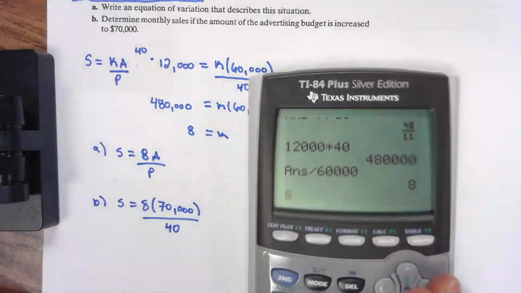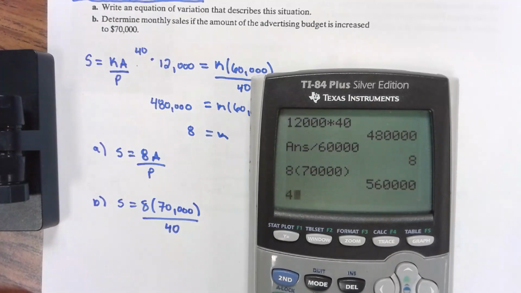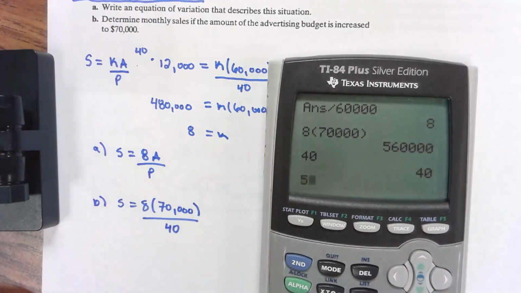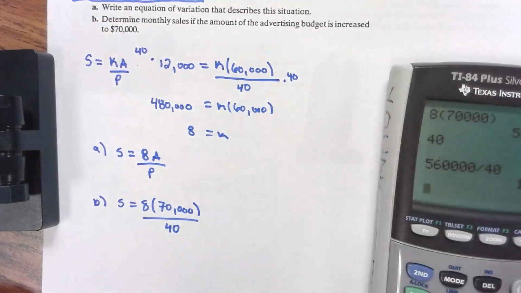And that's just calculator work. 8 times 70,000 divided by 40. That's not right. 560,000 divided by 40. There we go. Is 14,000.